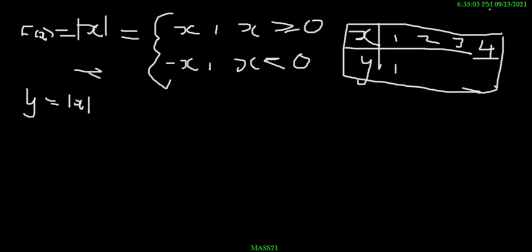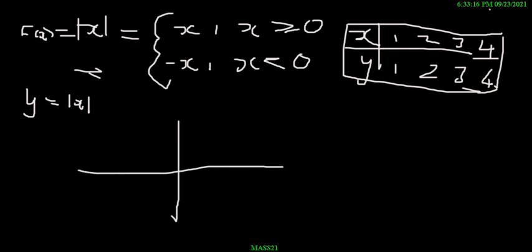So x is 1, 2, 3, and 4, and y is 1, 2, 3, and 4.